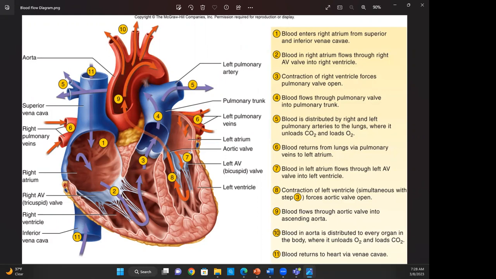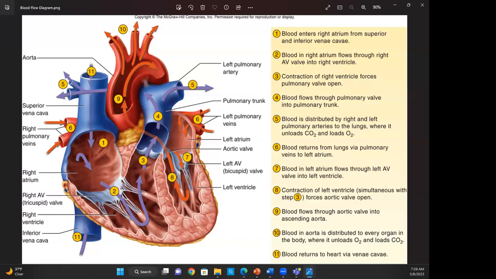Then that drop of blood goes from the vena cava to the right atrium. It goes right through the AV valve, or the atrioventricular valve, also called the tricuspid valve, into the right ventricle.